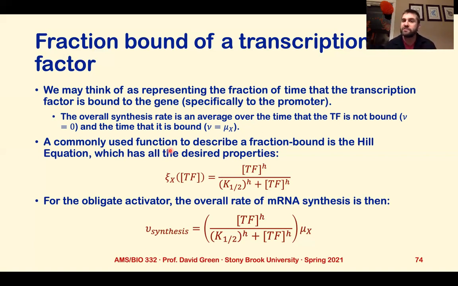Binding reactions, association, is something that we have good models for based on mass action kinetics, and a very commonly used function that can describe a fraction bound is the so-called Hill equation. It was originally developed in order to describe binding of oxygen to hemoglobin.